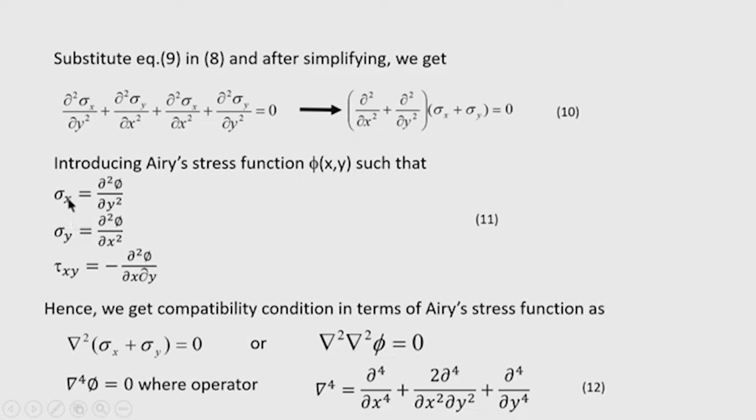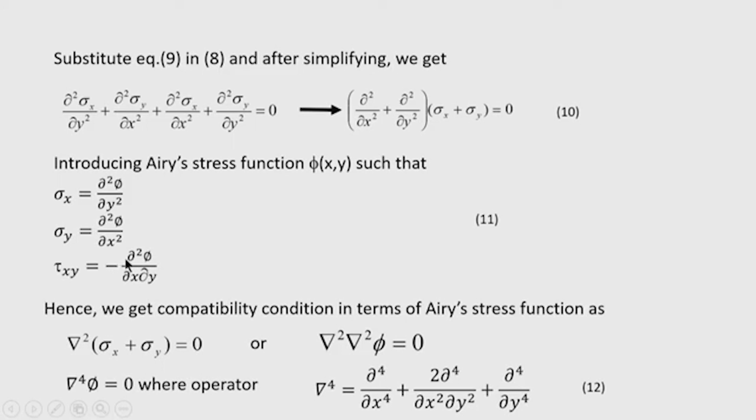You can note the difference here: when we require σ_x, we differentiate the stress function φ twice with respect to y. When we require σ_y, we differentiate the Airy stress function twice with respect to x. Then τ_xy will be given by the mixed derivative with a minus sign.